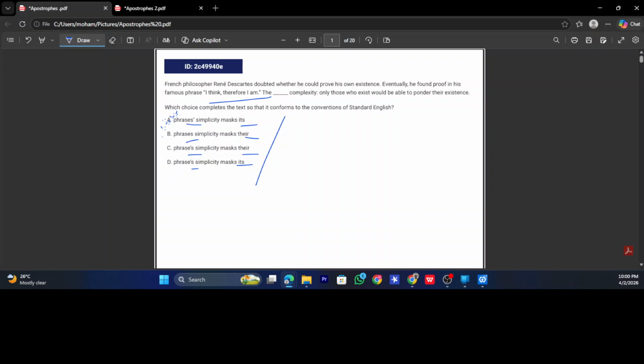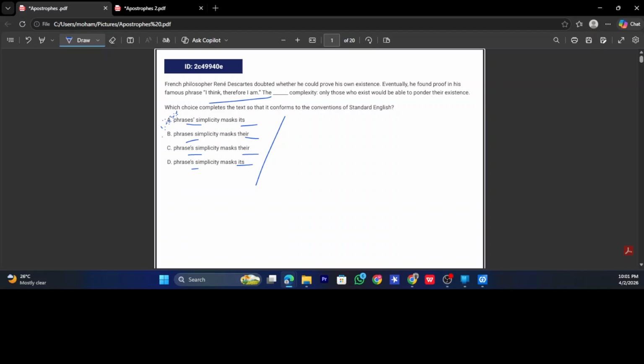And B is also incorrect. The context requires a singular possessive noun phrase, but here a singular possessive noun is not the plural possessive noun phrase with the corresponding plural possessive determiner their.